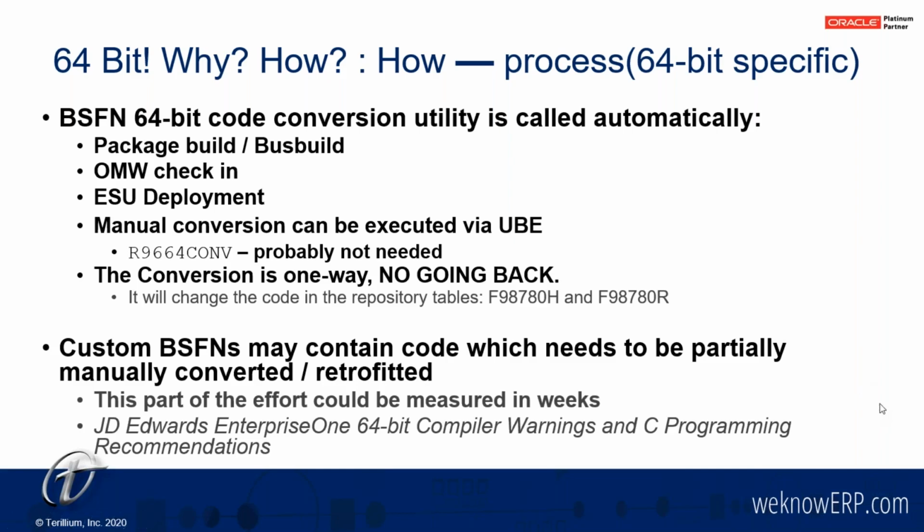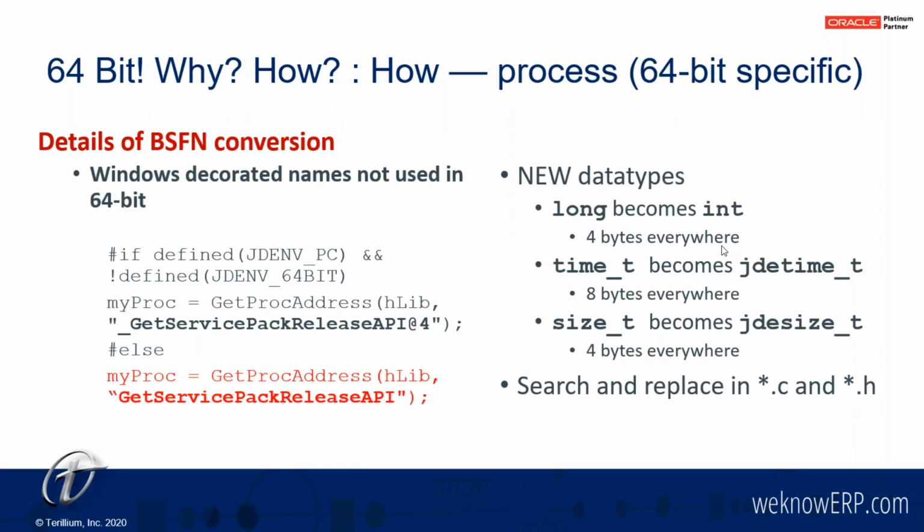I put in the name of that document if you would do a Google search on that document. And once again, you don't have to scramble to write all this down because A, we're going to make the slides available to you, and B, the slides will contain an actual link to that document that tells you what the 64-bit incompatibilities that could be in your code, in fact, are.